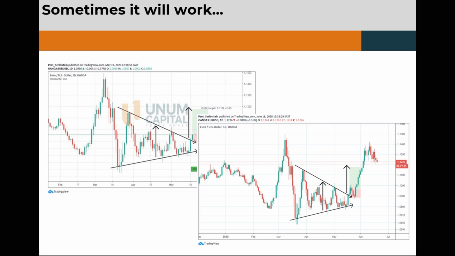But remember, in trading you just need to get at least a portion of a run. Very seldom will you get the exact run. So that's why I'm highlighting here, sometimes it will work and sometimes it will not. But if it's not working, just ask yourself the question, if it's a high conviction call and you've been stopped out, just re-enter into the trade.